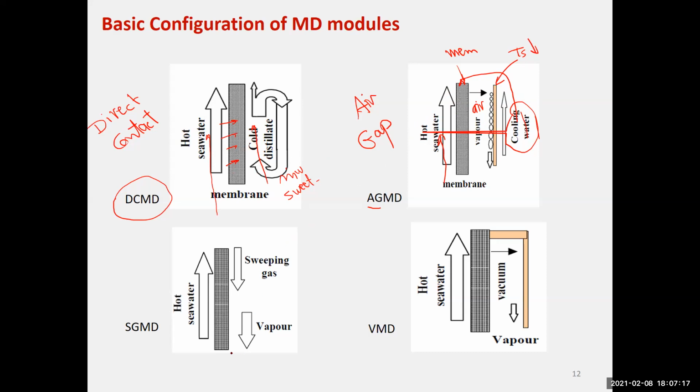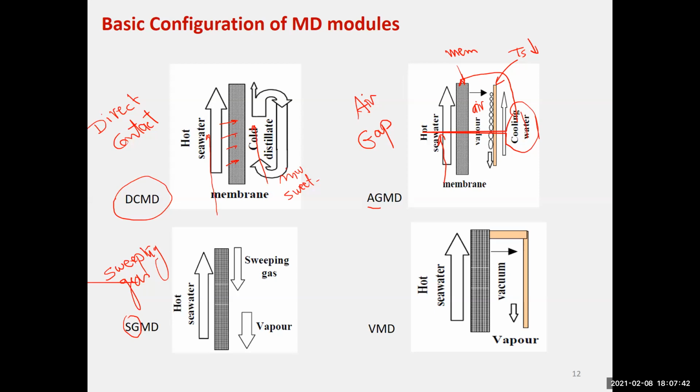The third category is what we refer to as SG membrane distillation, and SG here stands for sweeping gas. So sweeping gas membrane distillation, basically left-hand side is the same, no change.